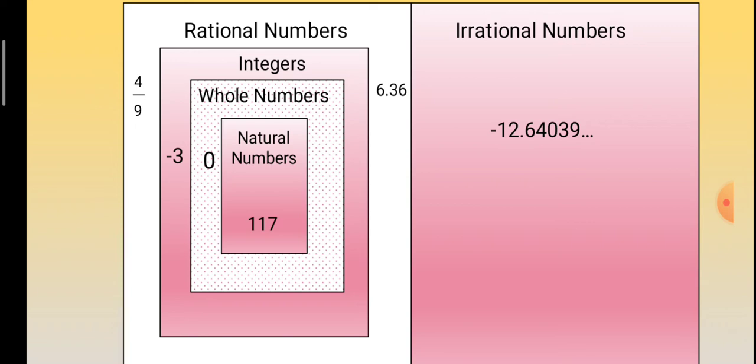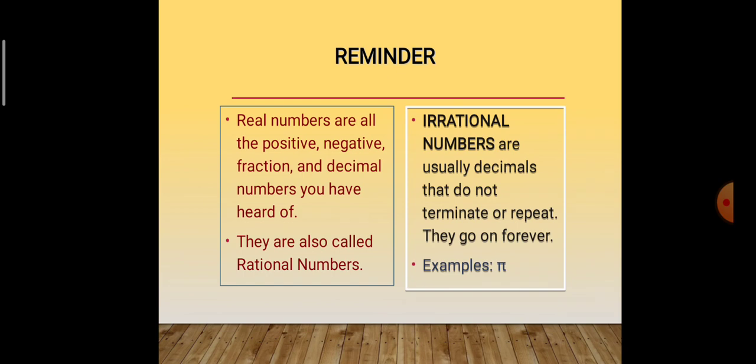Next integers: minus 3, 0, 117. Next rational numbers: 4 by 9, 6.36. So our previous examples we have to show as a diagram also. Irrational numbers: minus 12.64039.